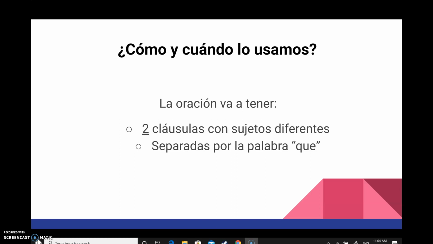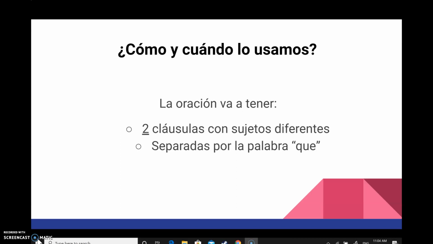And we'll definitely be pointing that out as we go on in the presentation, okay? And van a ver la palabra que, the word que meaning that, between these two clauses, okay? So two clauses, two different subjects, separated with the word que.